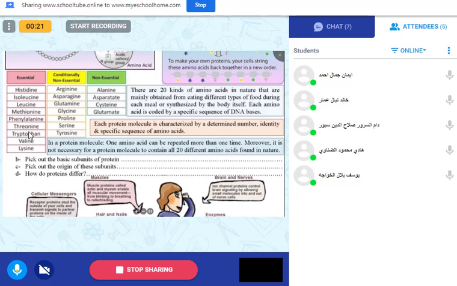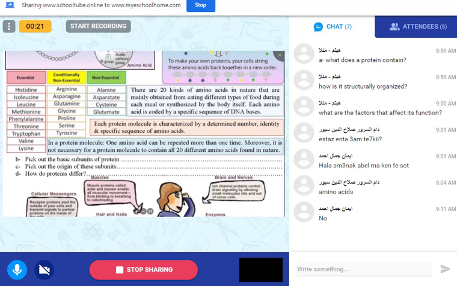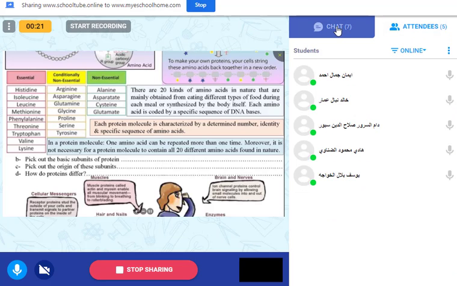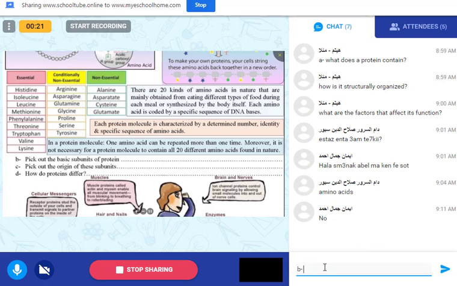Okay, Khalid, what are the basic subunits of proteins? Question B, Khalid. Question B, what are the basic subunits of proteins? What do we call them? Yes, Khalid.